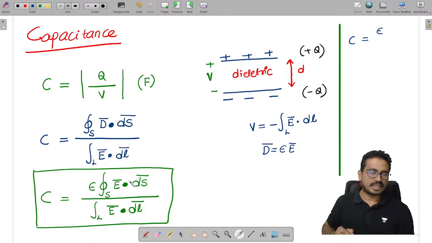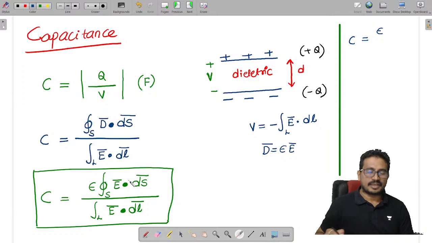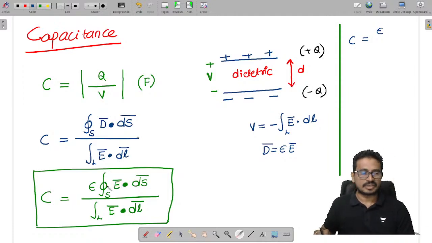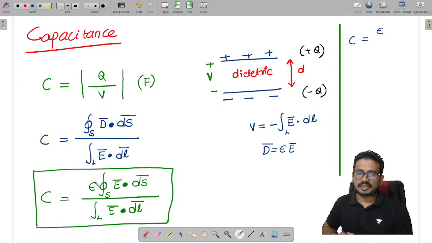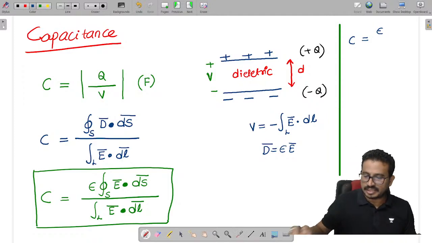Let us consider here that the electric field is a constant electric field. Then this E we can take outside. If the electric field is constant, I can take E outside the integral.